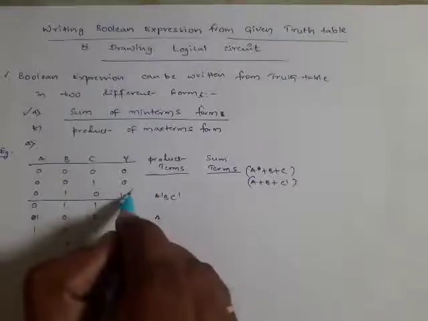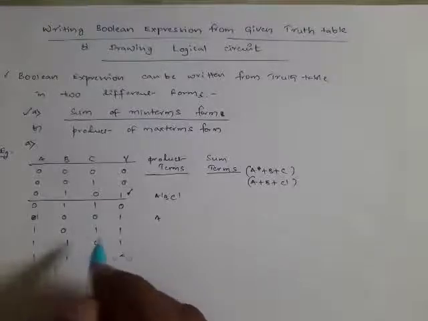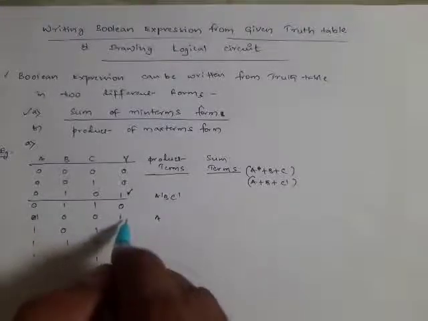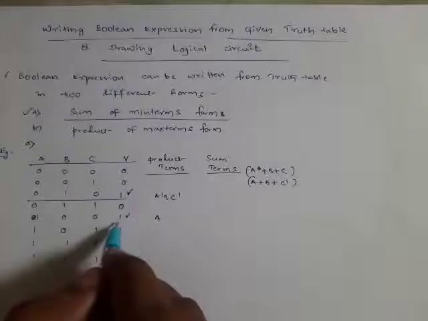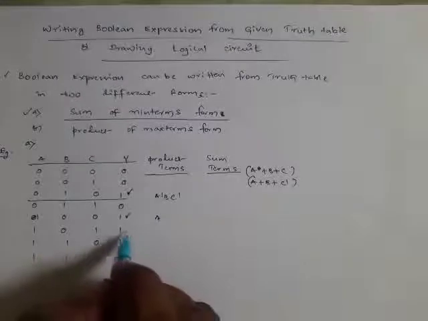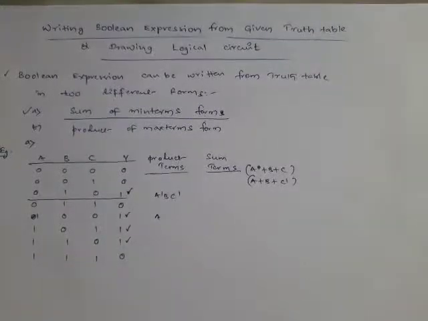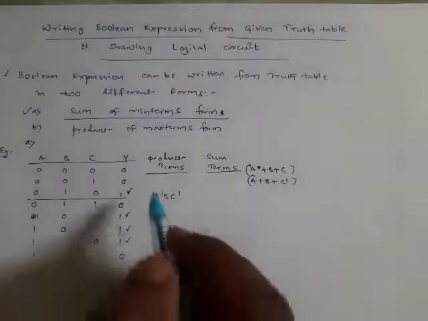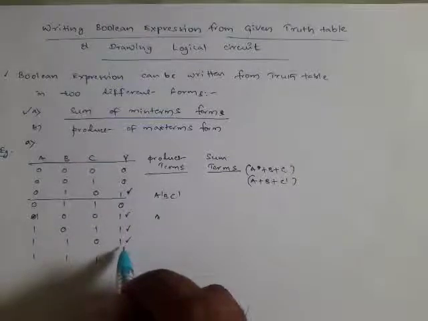So this is one combination of inputs for which the function is equal to 1, and you find a second term here where the function is also equal to 1: a equal to 1, b equal to 0, c equal to 0. Similarly, we have two more cases here. So in total, for 4 input combinations, the function is equal to 1.